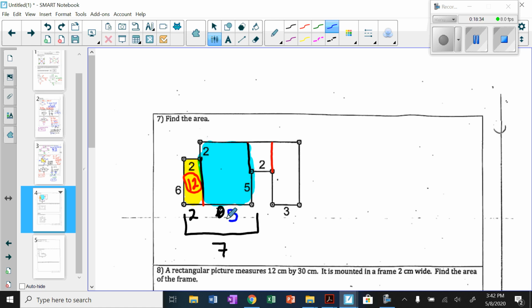Now the height. Go back to the yellow rectangle again. If the left is 6, the right is 6, which means the total height has to be 8. So we're going to say 8 times 5, which is 40 for the blue rectangle. Let's keep going. Move on to the green rectangle.